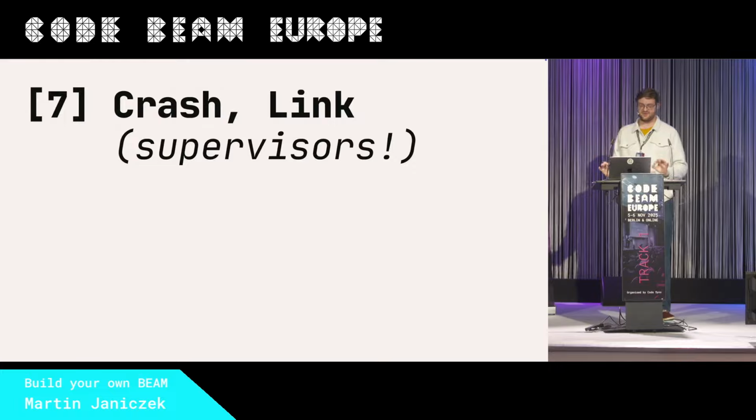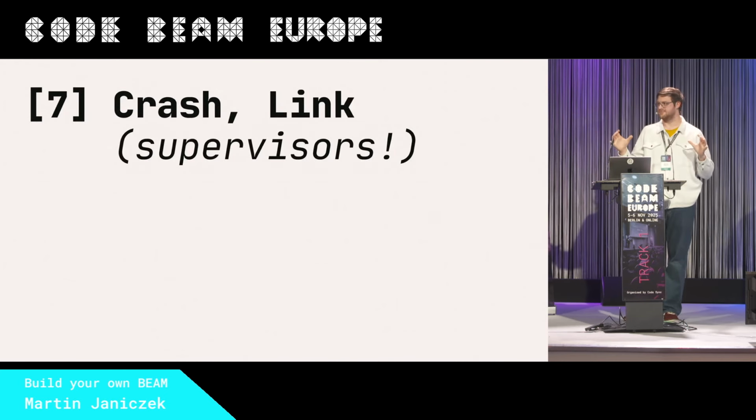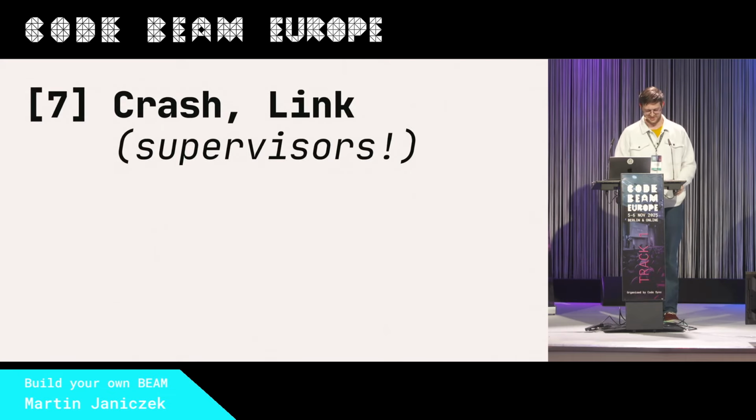One last piece of functionality that I want to implement, because this is really what gives you all those supervisor trees and so on, is the ability to link between processes, which just means if a process exits, we are going to send a system message to other interested processes, right? That wanted to know about this, that are linked to it.